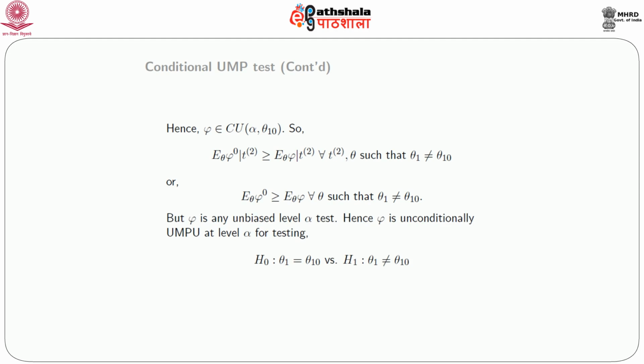But phi is any unbiased level alpha test. Hence phi naught is unconditionally UMPU at level alpha for testing H0: theta 1 equals theta 1 naught versus H1: theta 1 not equal to theta 1 naught.